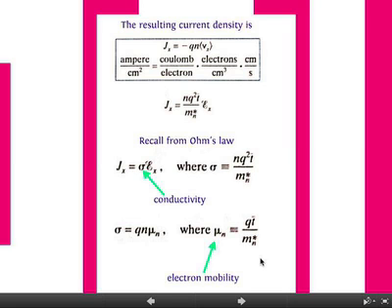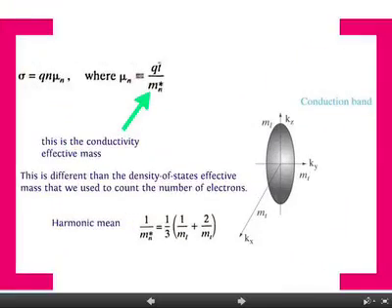Depends on the electron effective mass, which means it depends on the band structure. It depends on tau bar, which is the probability of collisions, which turns out to depend on how many donors are there, how many defects are there, and so on and so forth. We'll look at that. And this quantity turns out to be very important. So keep this picture in mind. The mobility, I think it's in the next slide.